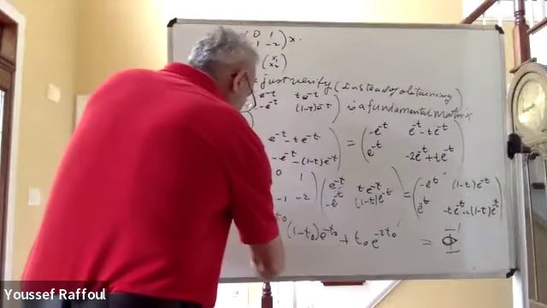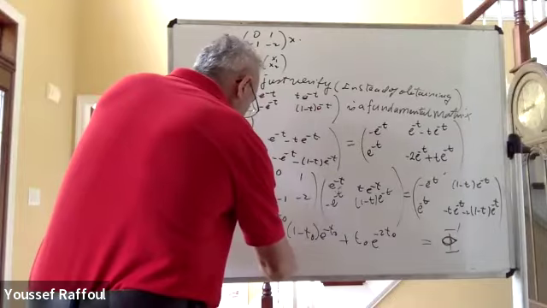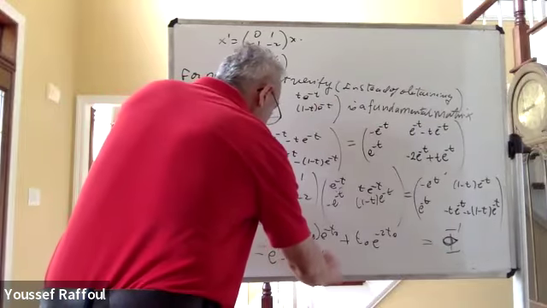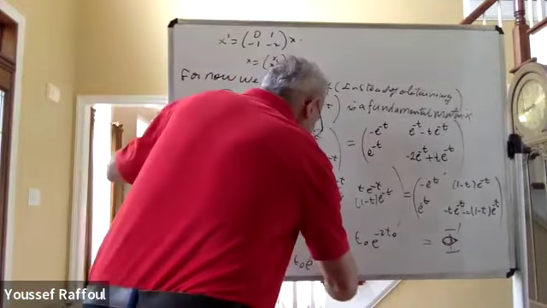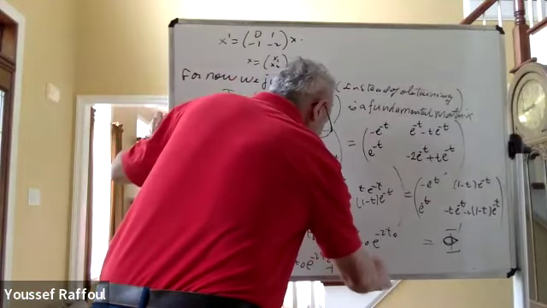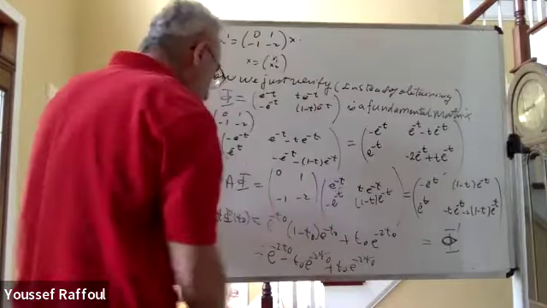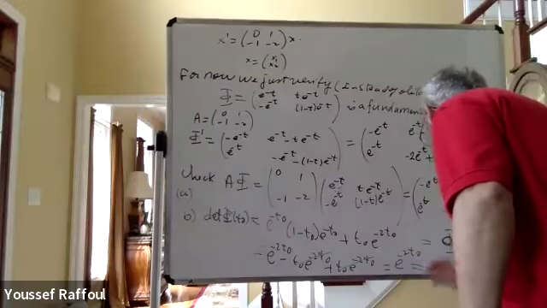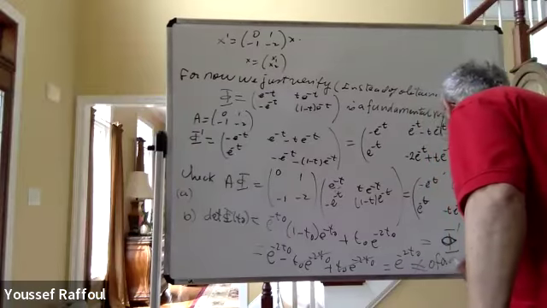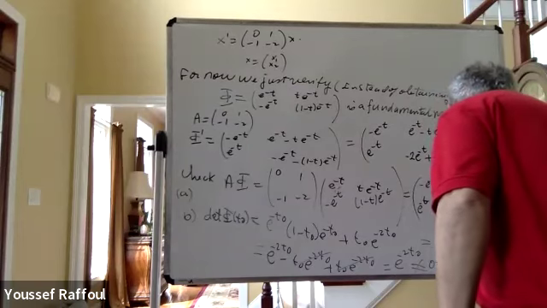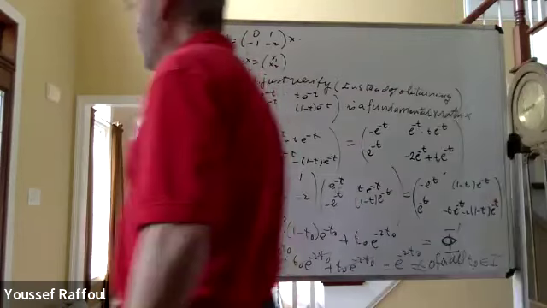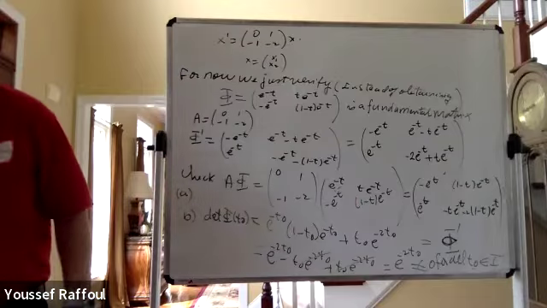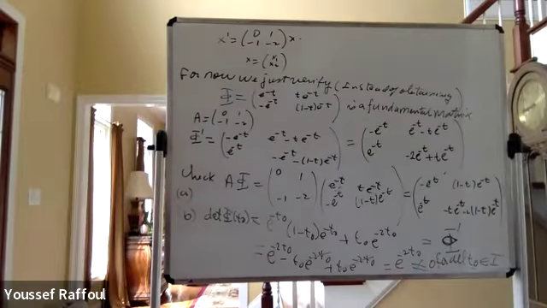And what is that? That is e to the minus 2t naught minus t naught e to the minus 2t naught plus t naught e to the minus 2t naught. This and this cancels, and you will get e to the minus 2t naught, and that is different from 0 for all t naught in any interval R. Okay? So this is indeed a fundamental matrix of solution.